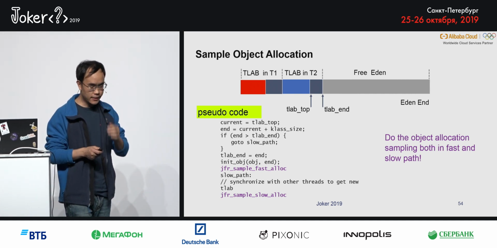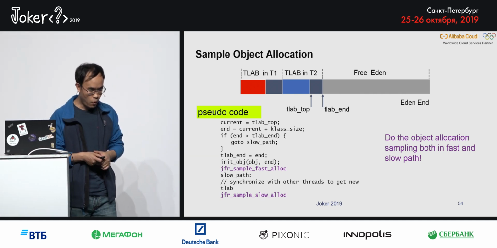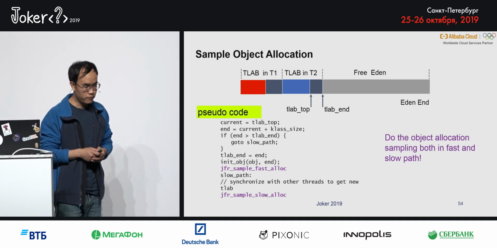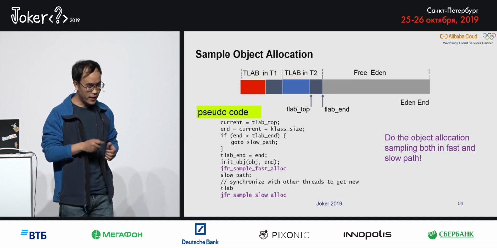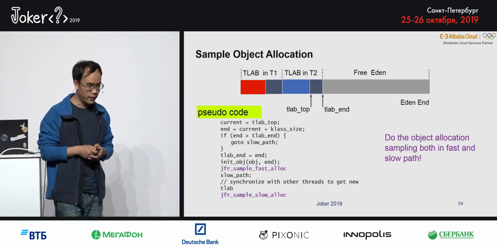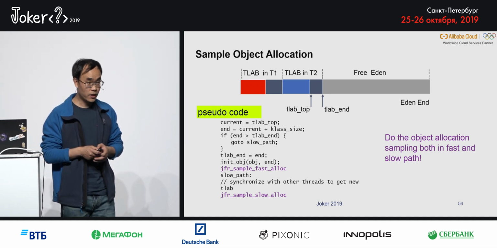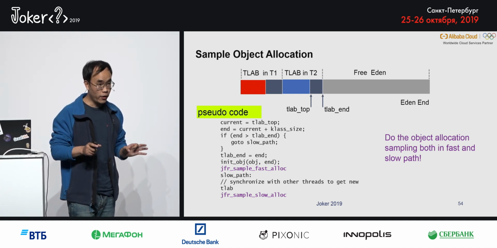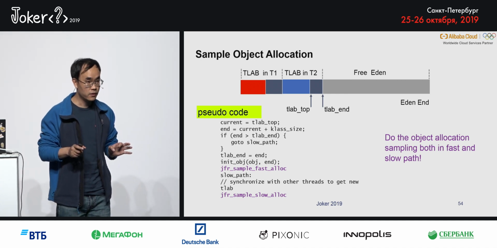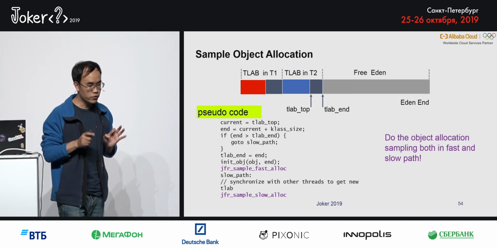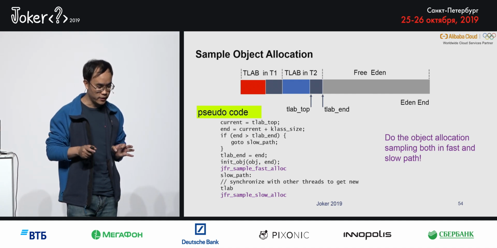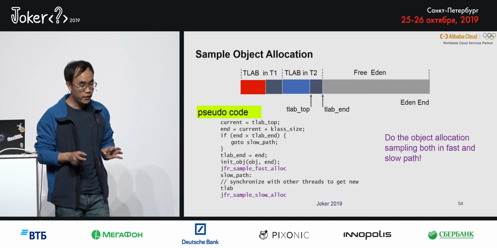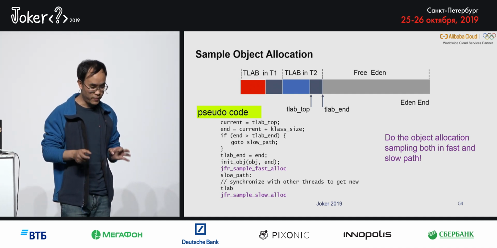This slide shows when we do the sampling allocation. You can look at this picture. Here are some basic concepts used in HotSpot. Object allocation always happens in Eden space, and TLAB is used by HotSpot for fast allocation. In this example, we have 2 threads, T1 and T2, each with their own TLAB space.